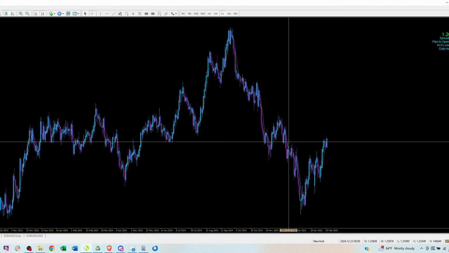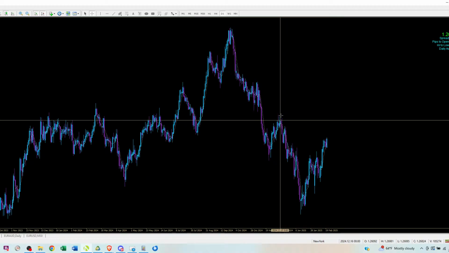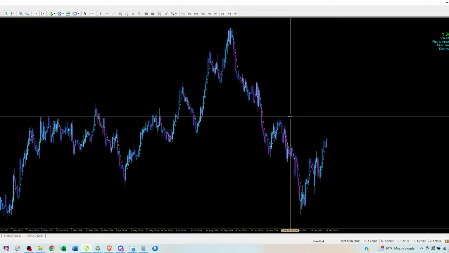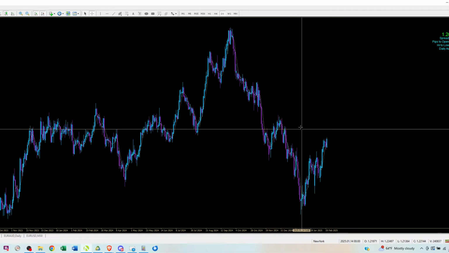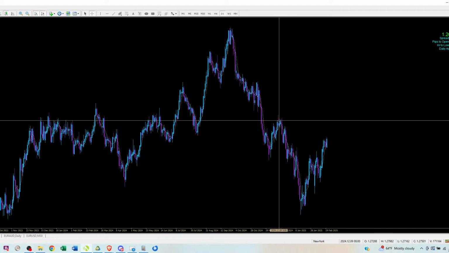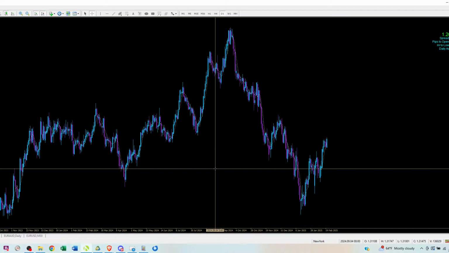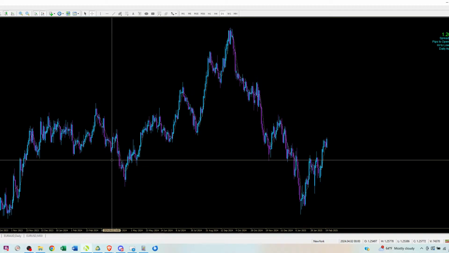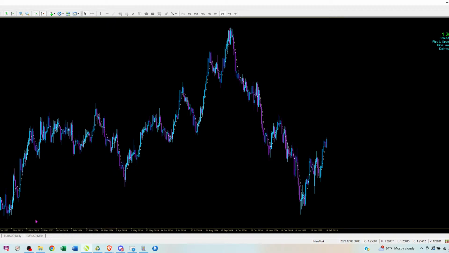But those are not as important as these major swing areas that price will react off of. So I do think price will continue to push up here and probably get at least back to these highs, potentially up here. So overall bullish bias on GBP USD, but not in anything at the moment.